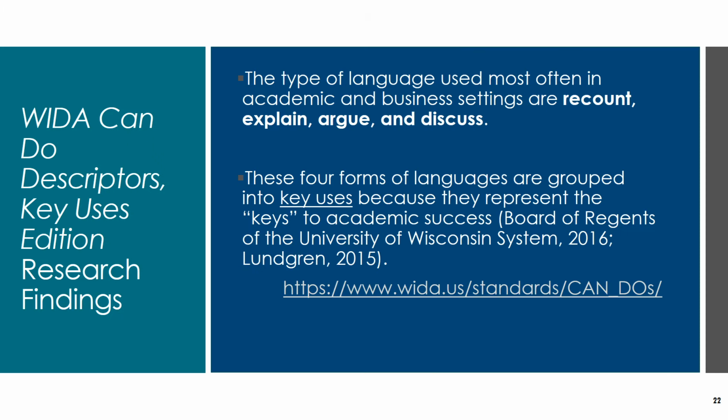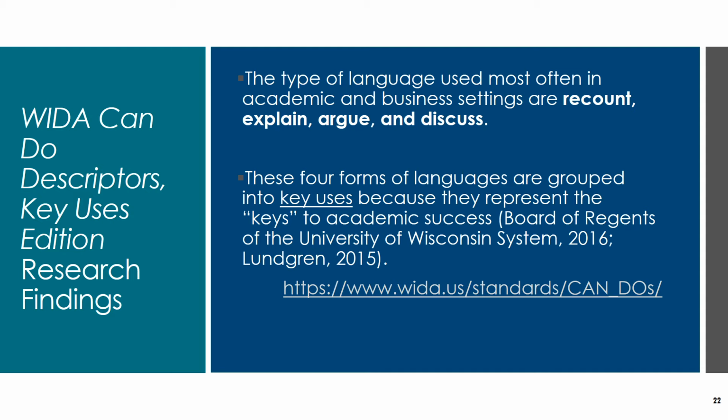We also have another set of Can Do descriptors. They are called the Key Uses. This document was created, I would say, 3 or 4 years ago, in order to really align our instruction with the standards that are now required for all children to achieve.